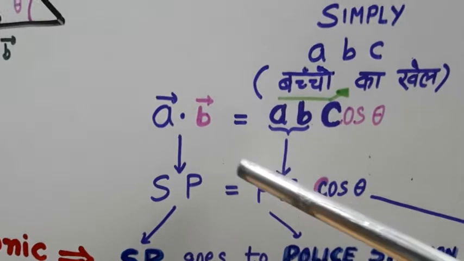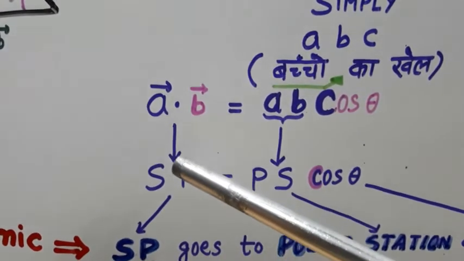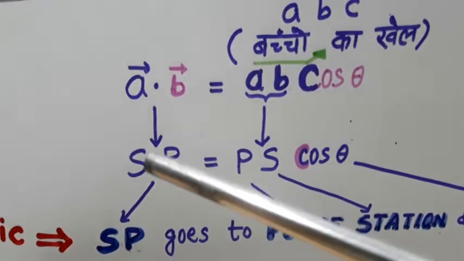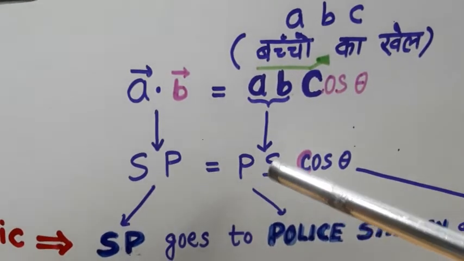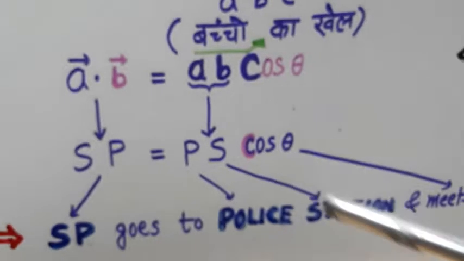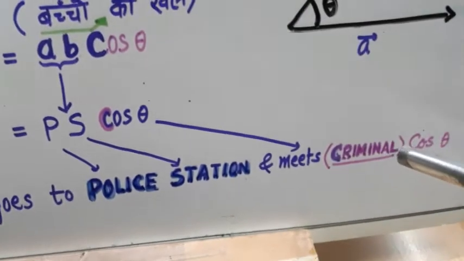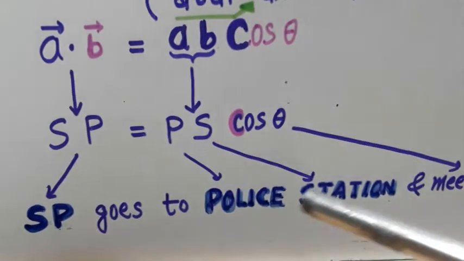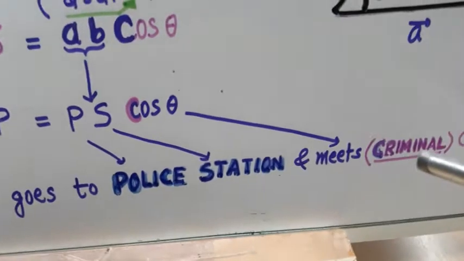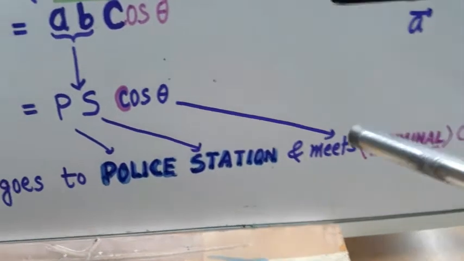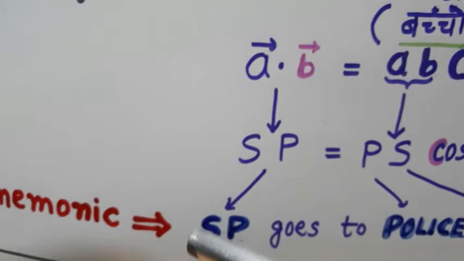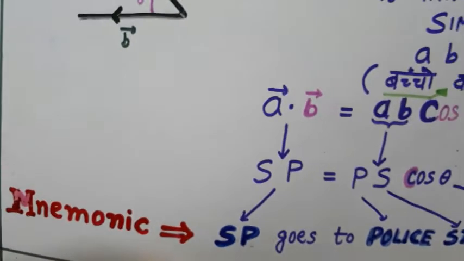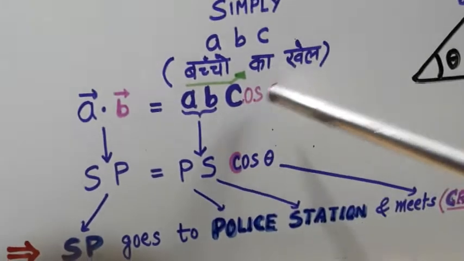So the mnemonic is SP goes to police station and meets the criminal cos theta. ABC. Very simple, very simple.